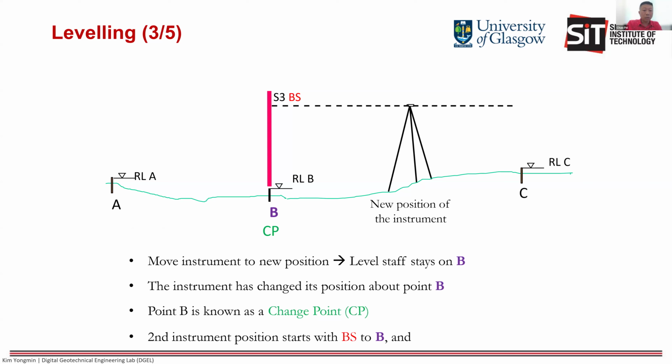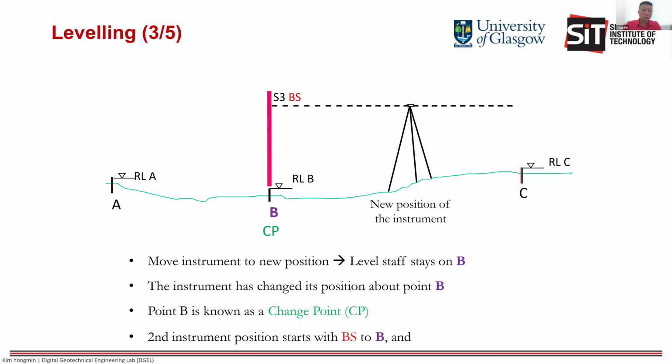And here, an important concept is the change point. So this point B is a change point. Why is it a change point? Because after this point, you change the position of the instrument.